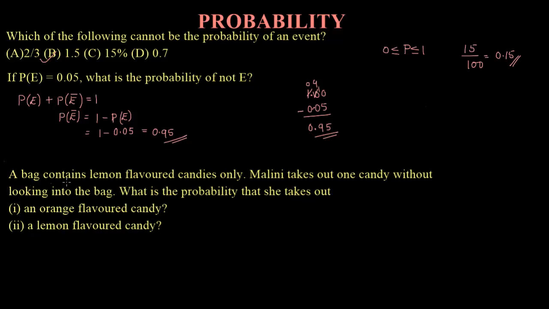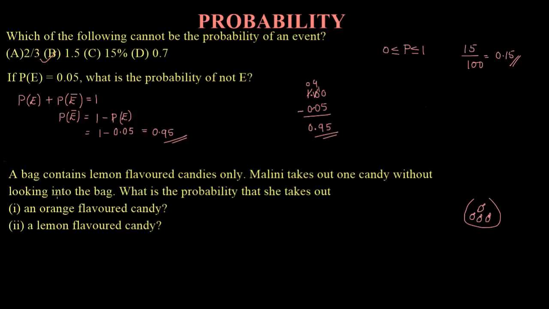Then the next question: a bag contains lemon flavor candy only. So there is a bag which contains only lemon flavor candies. I am just drawing a bag with lemon flavor candies only. Then Malini takes out one candy without looking into the bag.